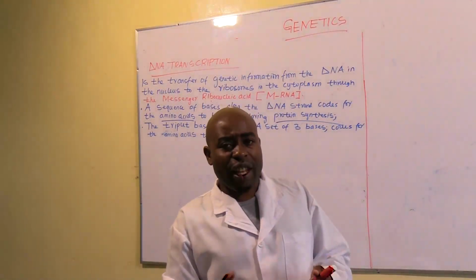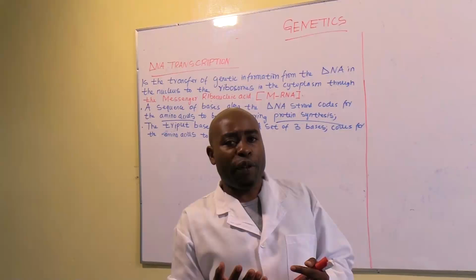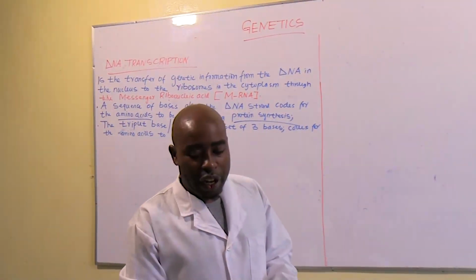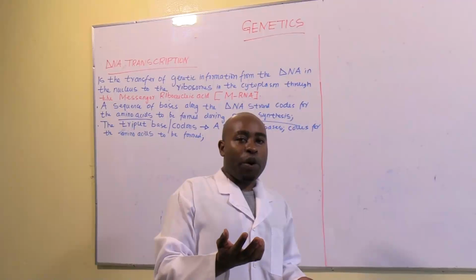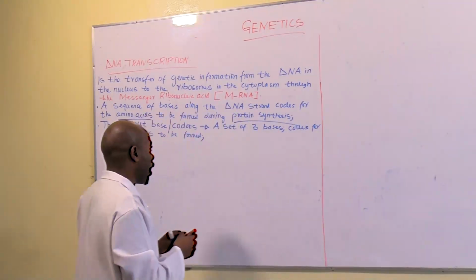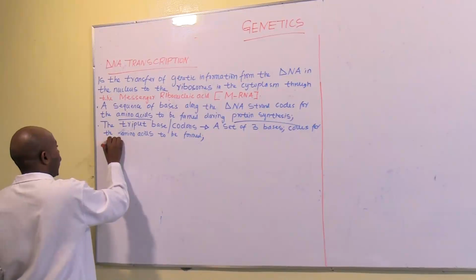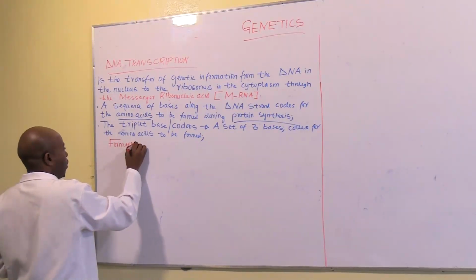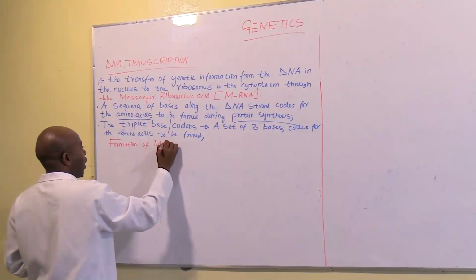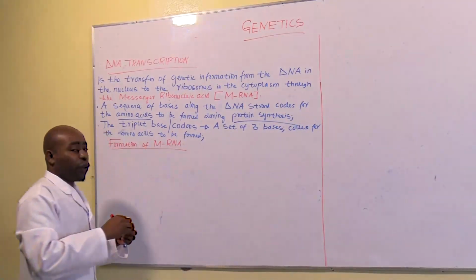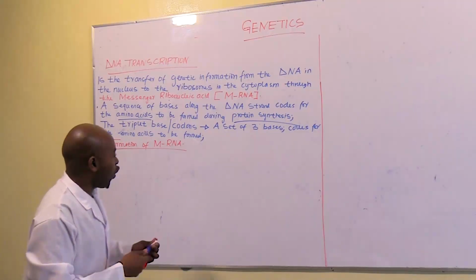So, having said that, there must be formation of the messenger RNA. Let us now see how the messenger RNA is formed and what events proceed thereafter. Formation of the messenger RNA. In the formation of the messenger RNA, the following happens.